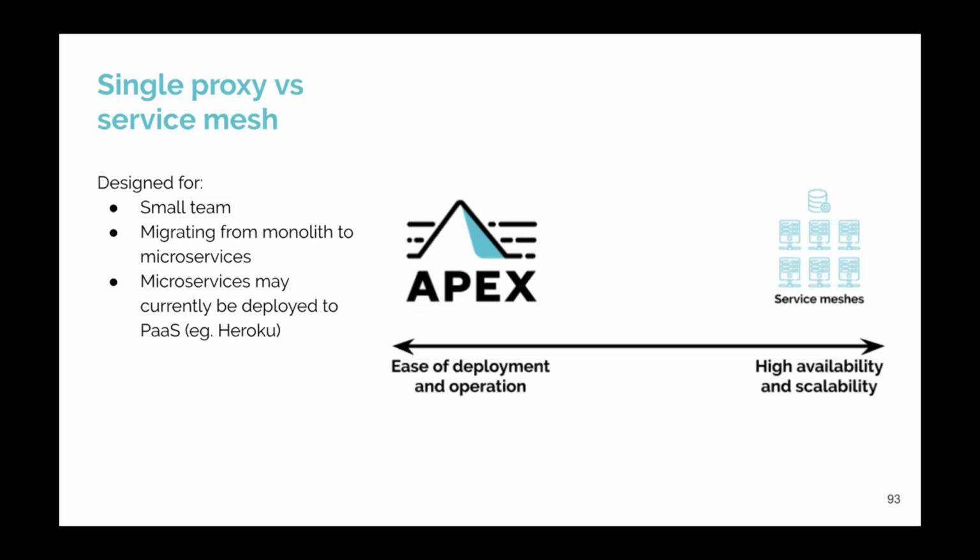However, there is a trade-off there, of course. That single point of failure, that single proxy in the middle between all requests, limits our scalability and can present availability problems if it were to go down.